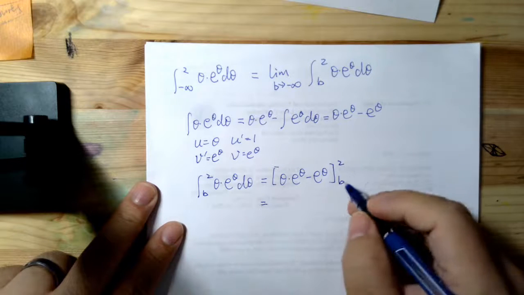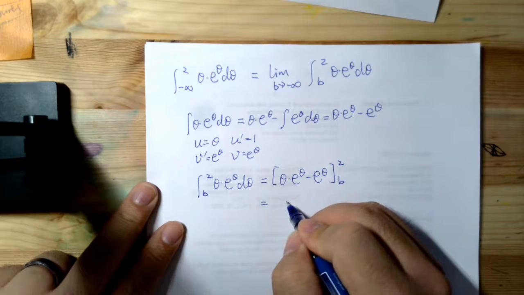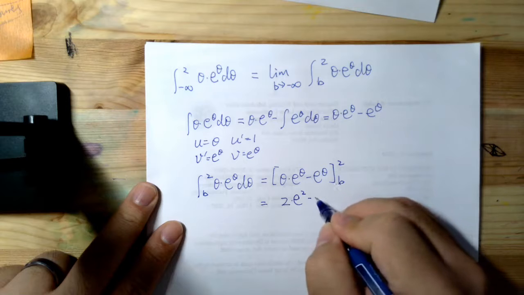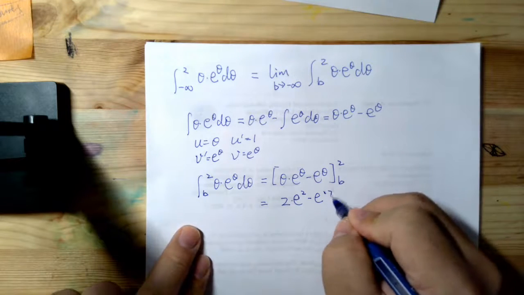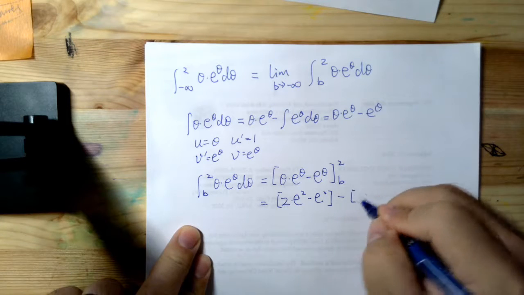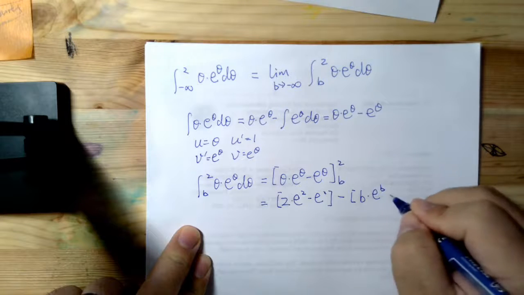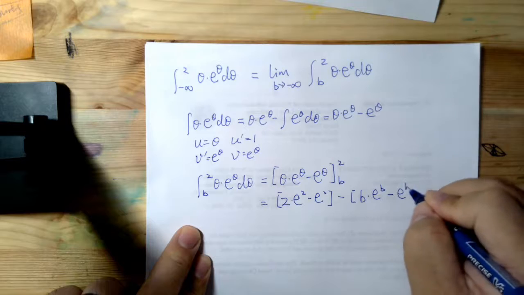Turns out this is going to be 2e squared minus e squared, and then minus b e to the power of b minus e to the power of b.